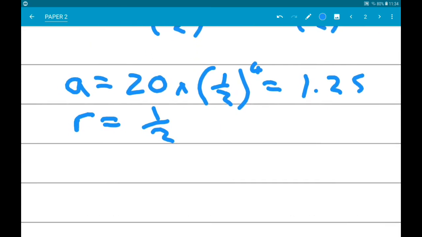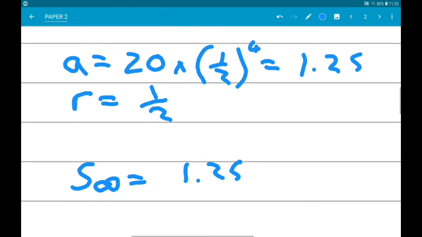So sum to infinity is 1.25 divided by 1/2. And that is 2.5.